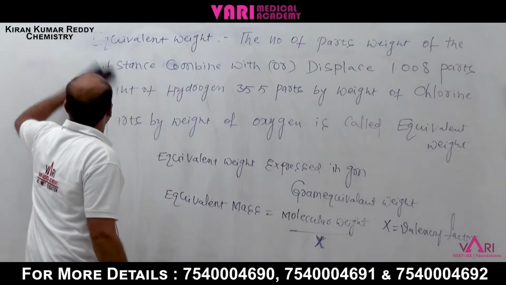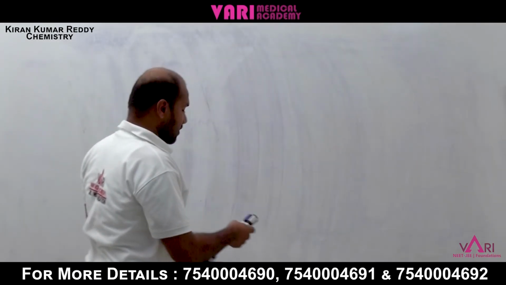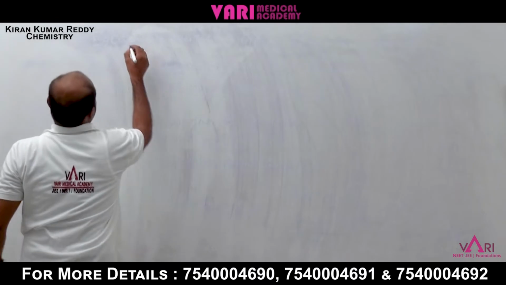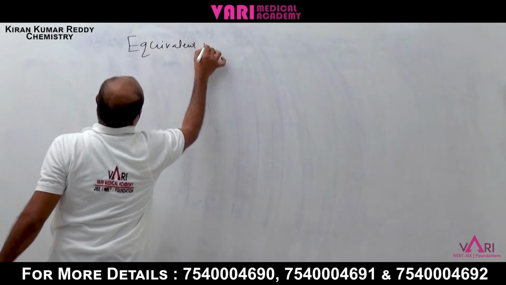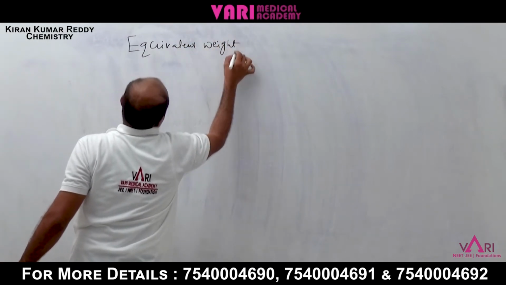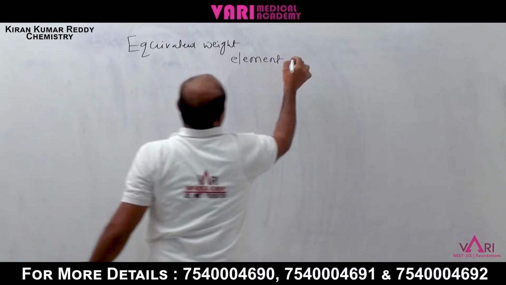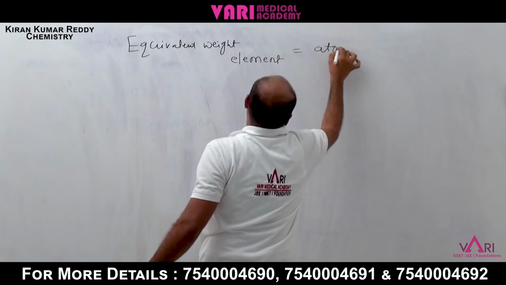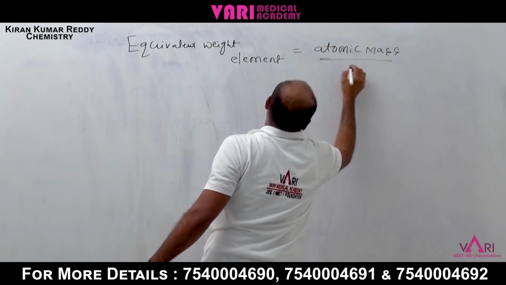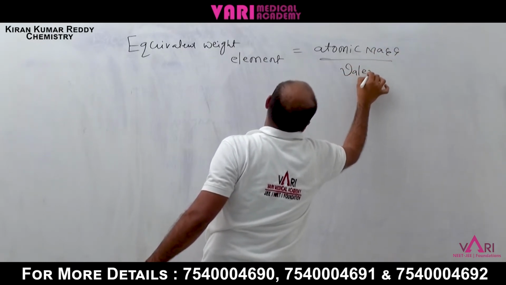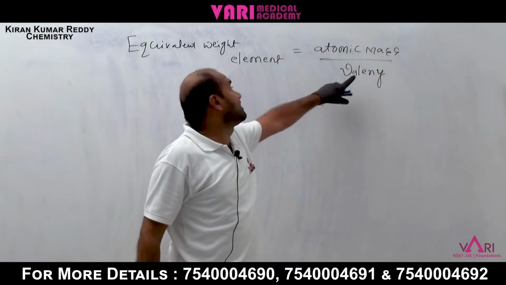Next, coming to the equivalent weight of the element. The equivalent weight or gram equivalent weight of the element is equal to atomic mass by X. In the case of elements, X means we are taking valency.